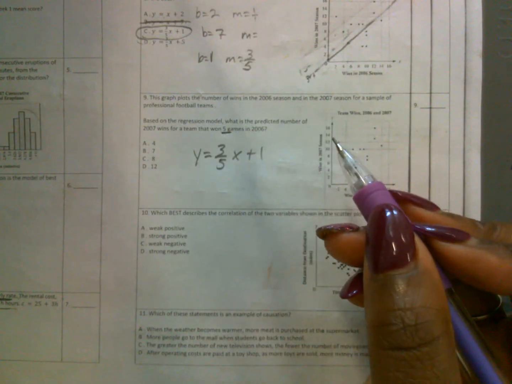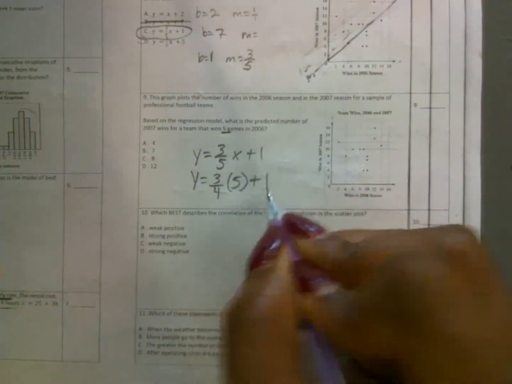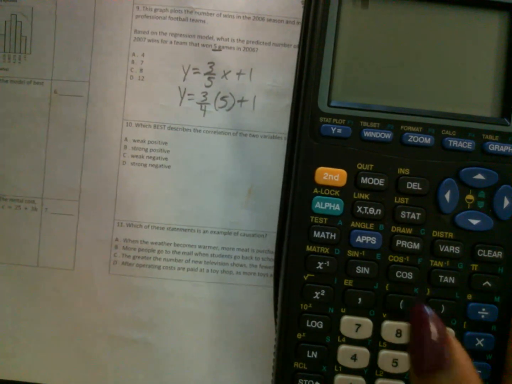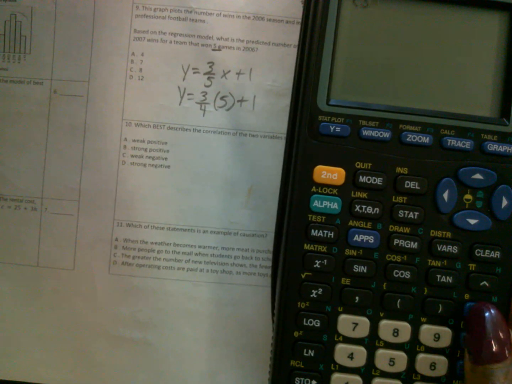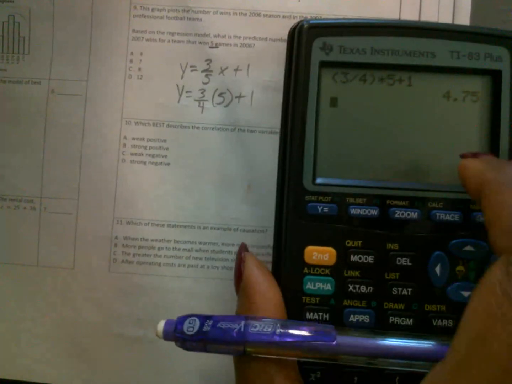So we substitute 5 games. Let's see what we get. So plug in 5. 3 over 4 times 5 plus 1. What does that give us? 4.75.